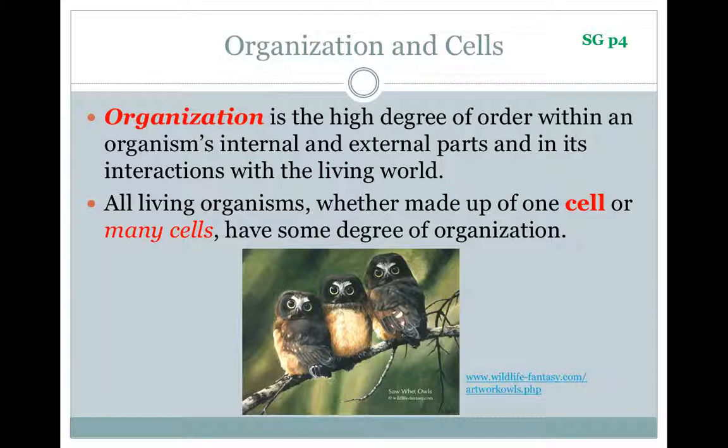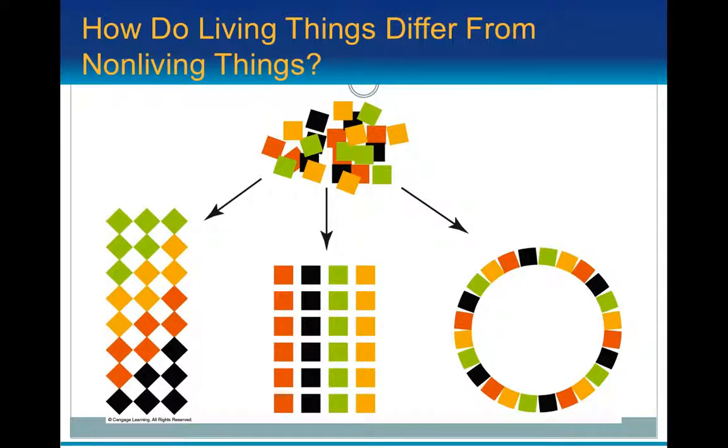That's like the clincher. If you want to decide if something's living or not, ask yourself the question, is it made out of cells? It can be just a single-celled organism, or it can be something that's multicellular like you, which has trillions of cells. But if it has cells, then it's considered a living organism. It's a living thing.